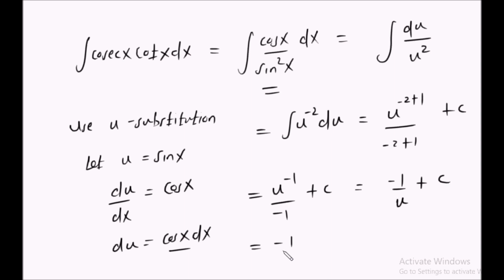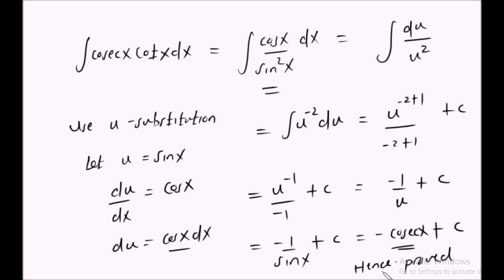Kwa hiyo ni -1 over sin x plus c. But what is 1 over sin x? Is cosec x. Kwa hiyo ni negative cosec x plus c. Hence proved. Nataka kuprove kwamba ile integral ni negative cosec x plus c. So tushaipiga. So this was example 3.